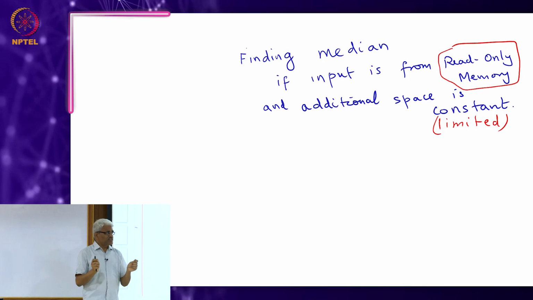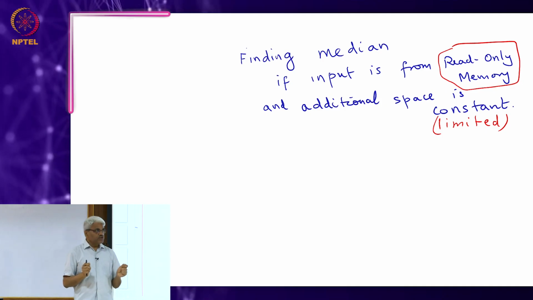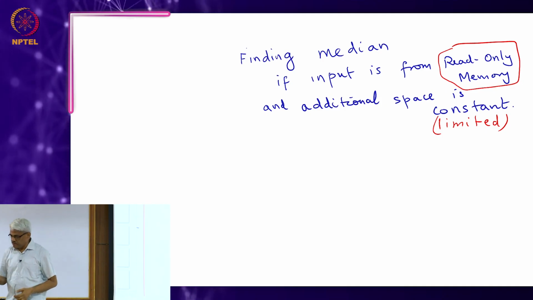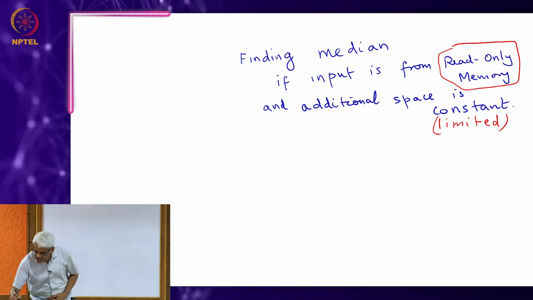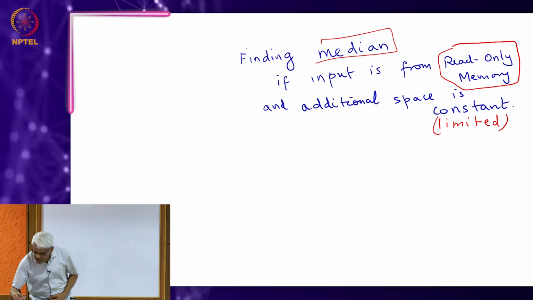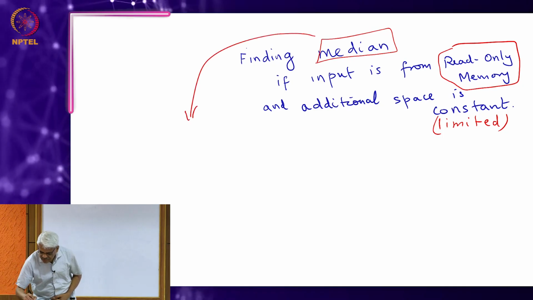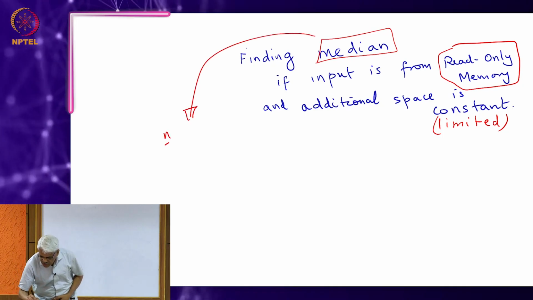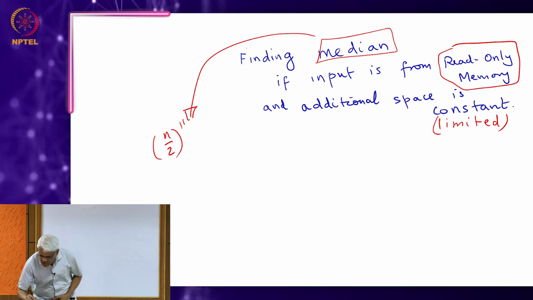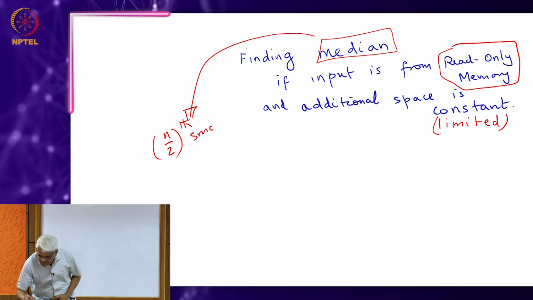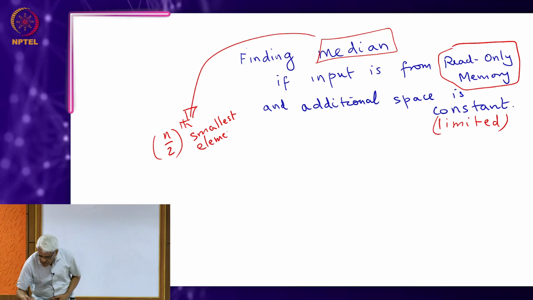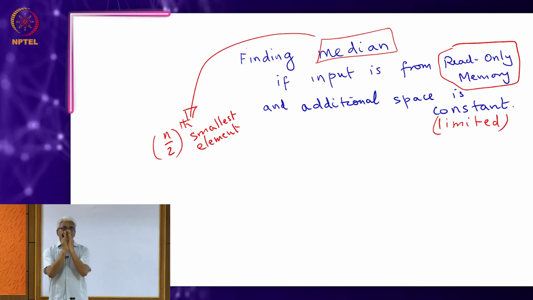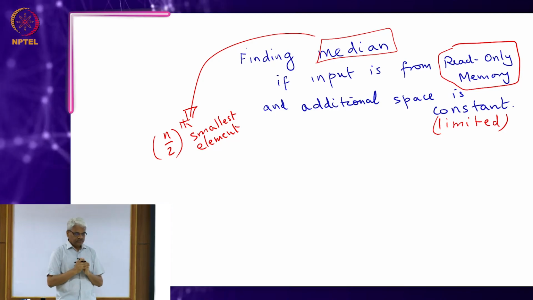But it uses k space. So in particular, if I want the median, what's a median? This is the n by 2th smallest element. So in the sorted array, which will be the element in the middle?